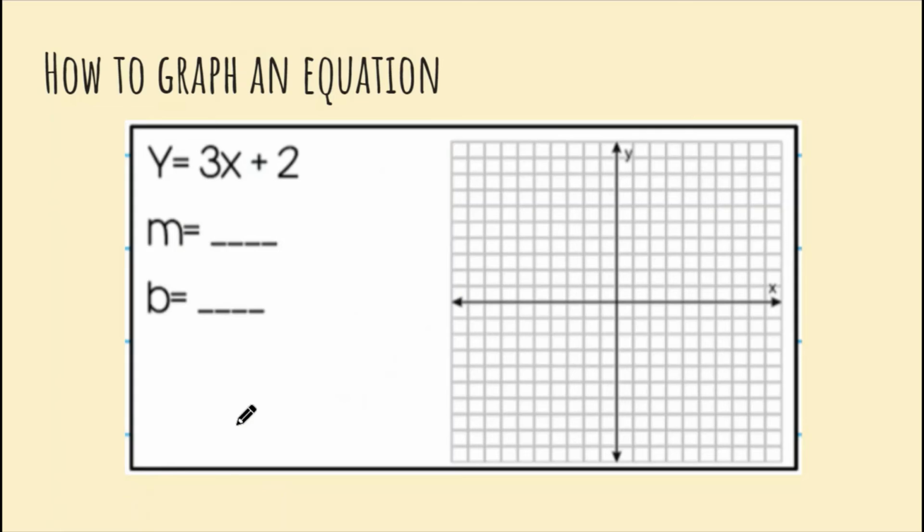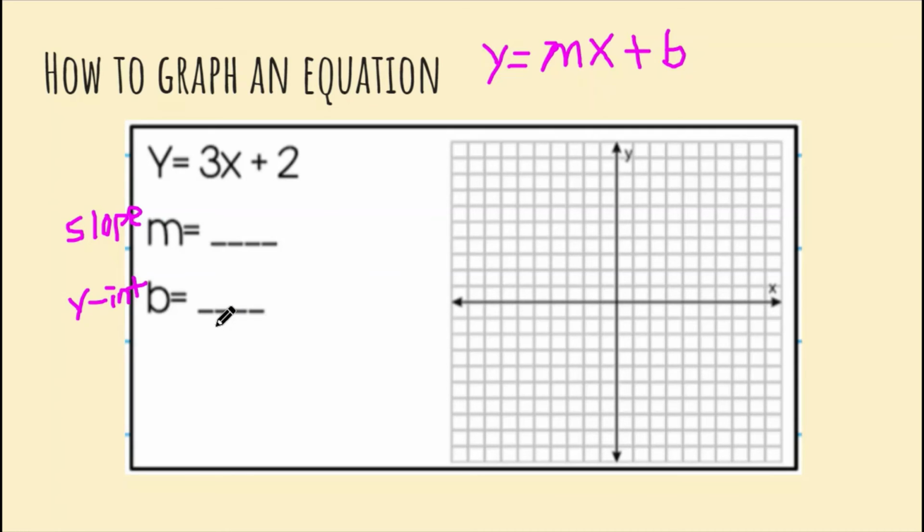All right, so how do I graph an equation? Well, I know that to graph an equation, it has to be in slope-intercept form, which is y equals mx plus b. And I know m is my slope and b is my y-intercept. So to be able to graph it, I have to first find my slope and my y-intercept. What I usually start with is my y-intercept because that's where we're beginning. That's what that b stands for, is begin.